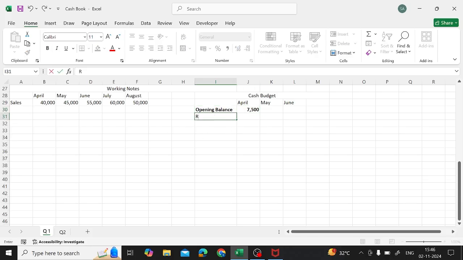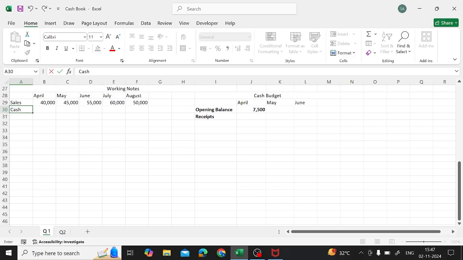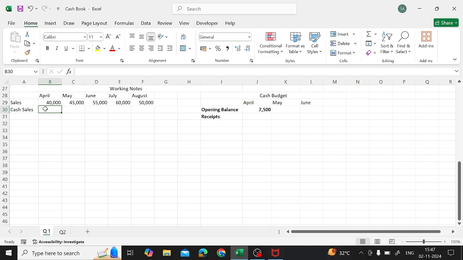Then receipts. In the receipts, first of all, we have the cash sales. It is given in the question that 40% of the sales are cash sales. So I'm writing it here, cash sales, 40%.